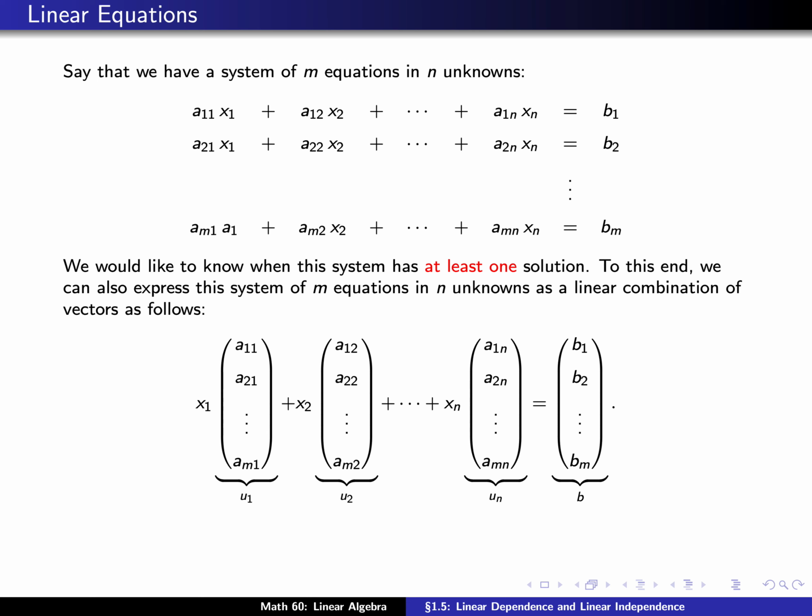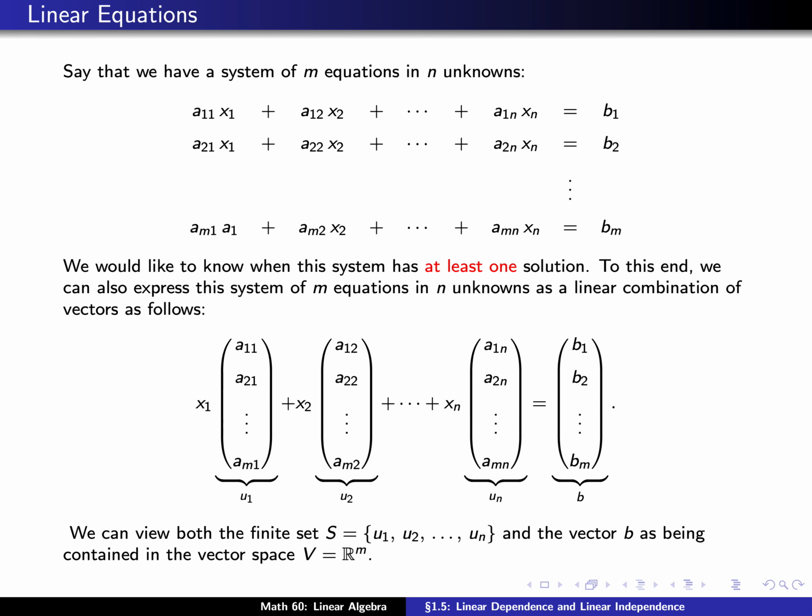So now we're going to rewrite our system of m equations as just a linear combination of m-dimensional vectors. We'll view this collection of vectors, which we'll call S, as a finite set, and we'll view a vector b as just the coefficients corresponding to the right-hand side of these equations.